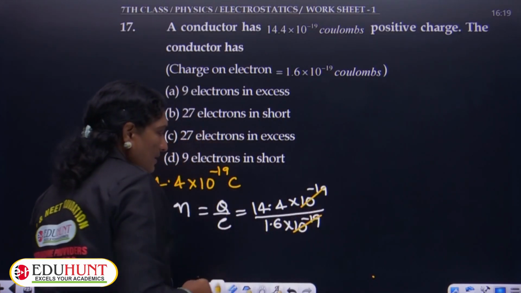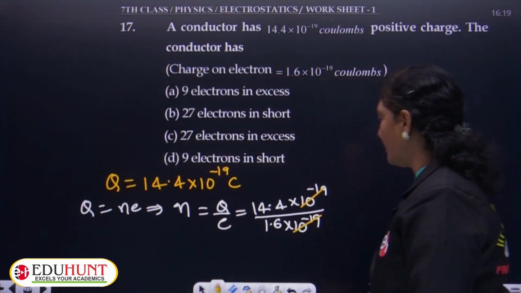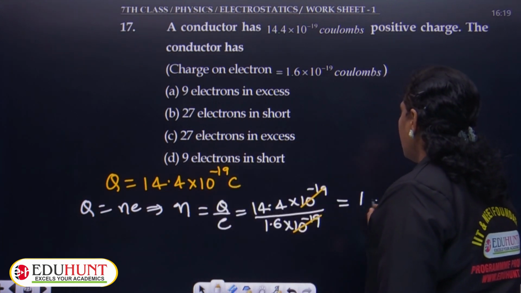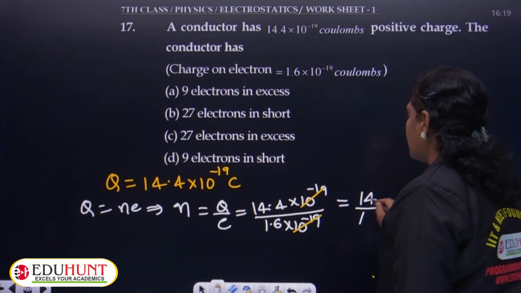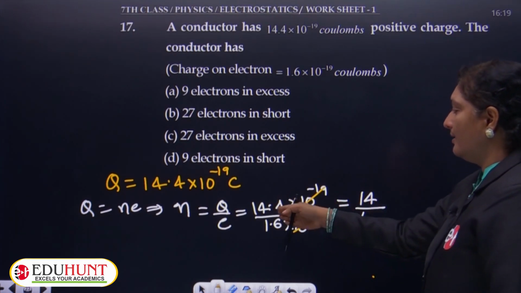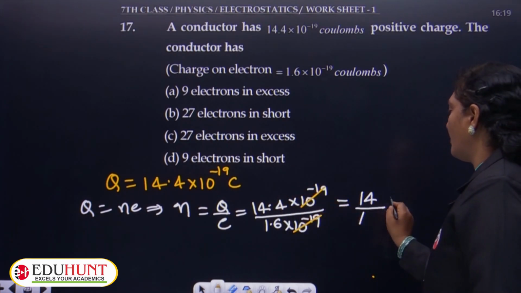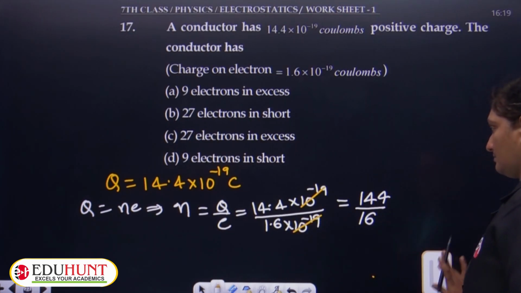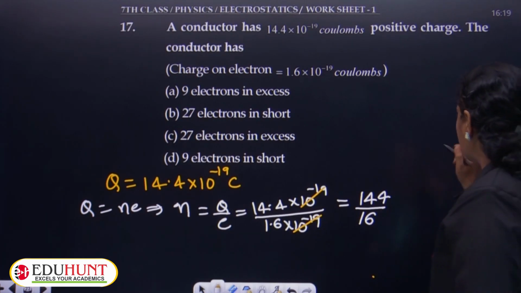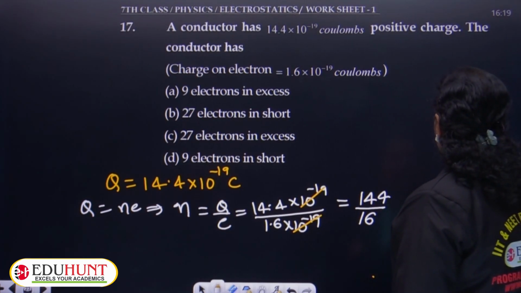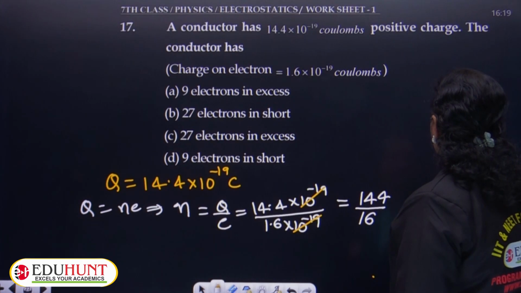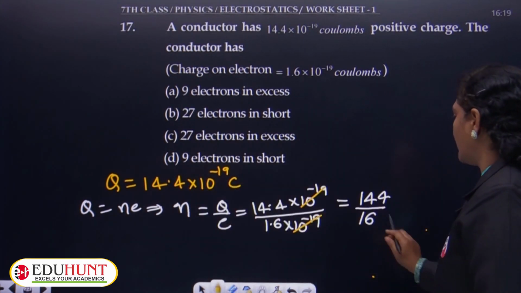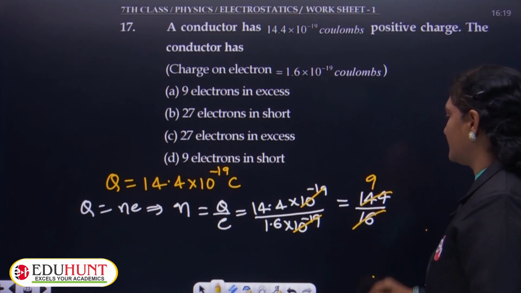These two get cancelled, so you are left with 14.4 upon 1.6. Multiplying throughout with 10, 14.4 into 10 becomes 144 and 1.6 into 10 becomes 16. Now 16 multiplied by 9 gives 144, so after simplification we get the value as 9.